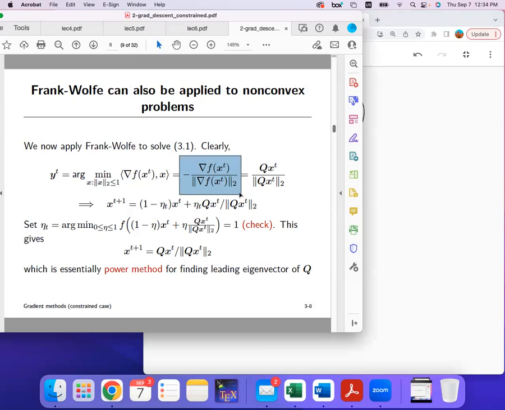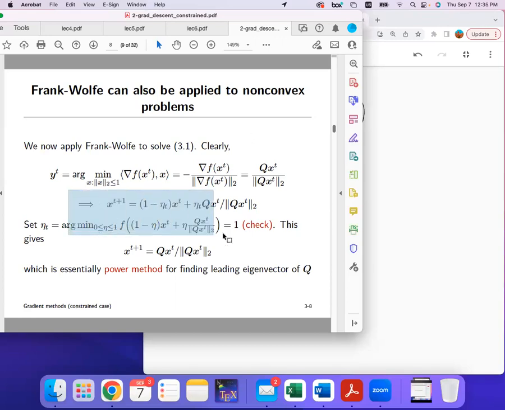Now let's plug in the gradient formulation. The gradient of f is basically negative q times x, because it's quadratic, and the negative sign cancels with this one, so we only have qx over the L2 norm of q times xt. This is our analytical expression for yt when applied to solve this problem.